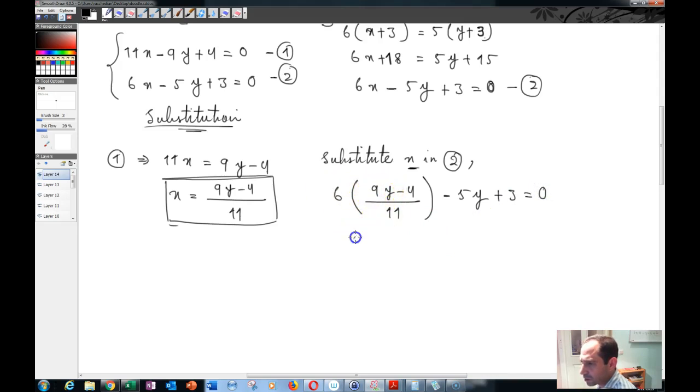So 6 times 9 is 54y minus 6 times 4 is 24, all divided by 11, minus 5y plus 3 is equal to 0.